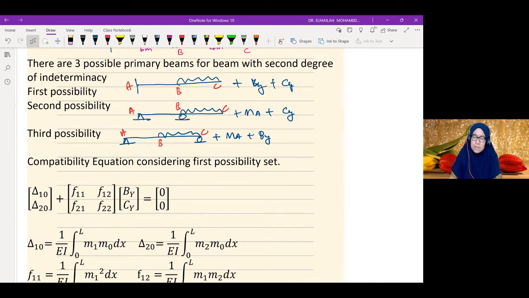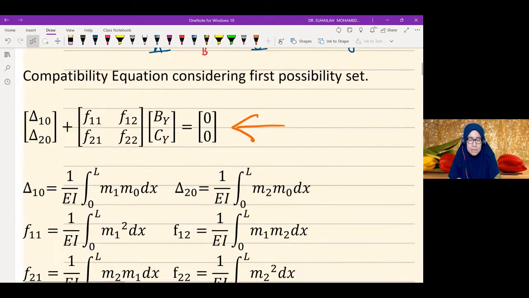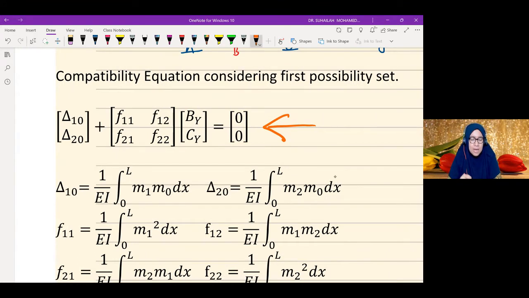So this will be the standard compatibility equation when we have more than one redundant. For two redundants, for three redundants, we can apply this compatibility equation. Except for three redundants, we will have F11 until F33, meaning a 3 by 3 matrix for the flexibility coefficients. The delta with subscript zero we use for the primary system.